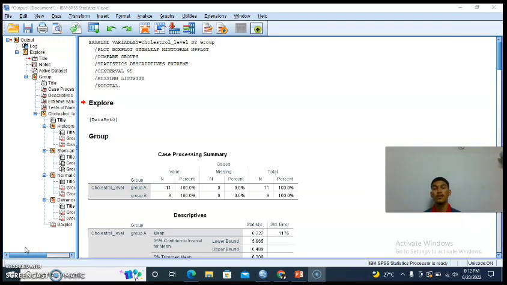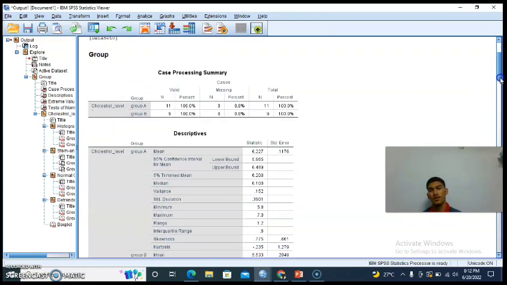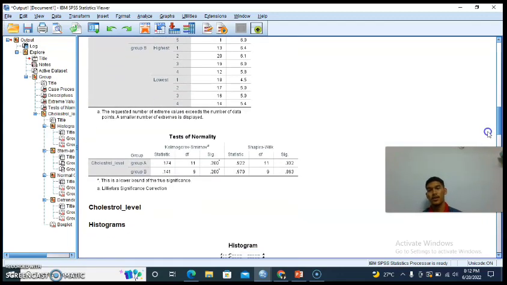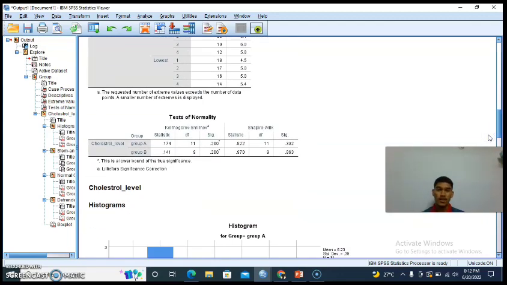Okay, next we got a result. So we look at the test of normality result. Based on the test of normality result, the data is below 50, so we choose Shapiro-Wilk. If above 50, we choose Kolmogorov-Smirnov.